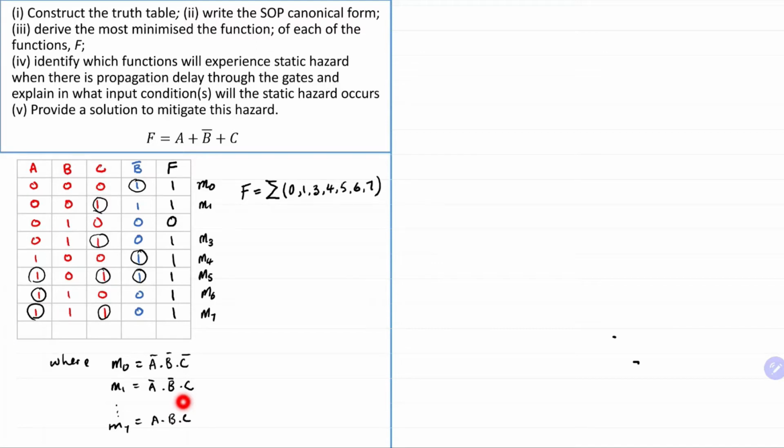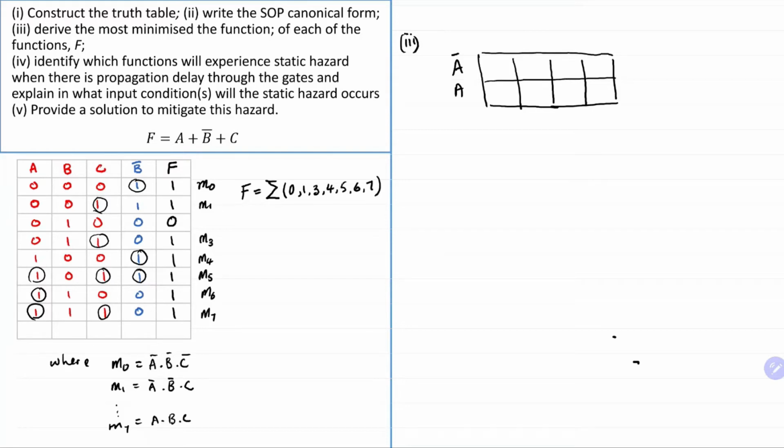So to find the minimized functions, we can transfer these functions into a Karnaugh map. So we can transfer this onto a Karnaugh map.